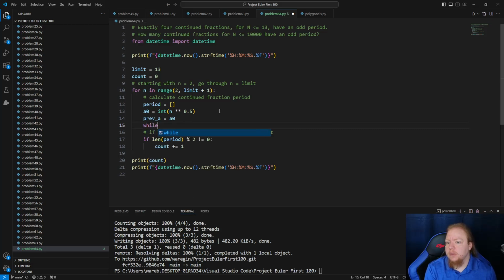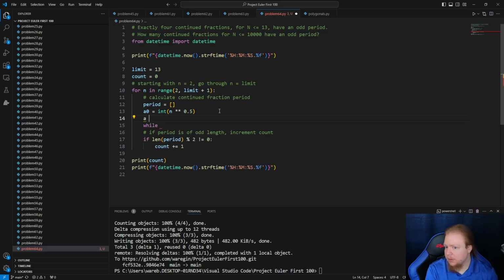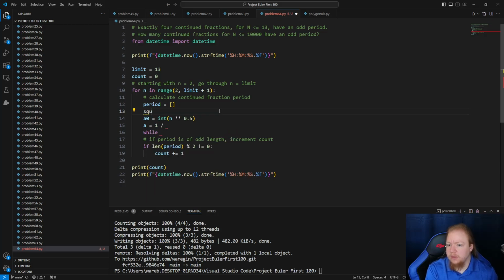And then while, or just A equals A0. I don't quite like that either. A equals 1 divided by, let's see, I'm just going to say root is equal to this. And then A0 is the integer version of root.